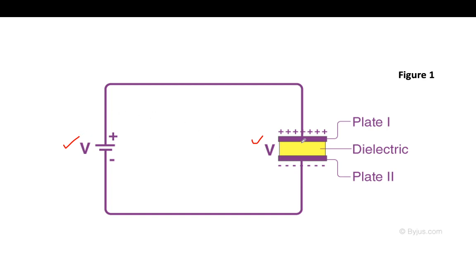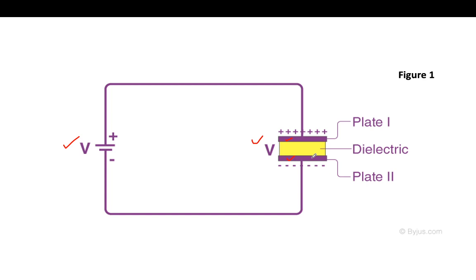This type of capacitor is called a parallel plate capacitor. Why parallel plate capacitor? Because there are two plates, this one and this one. So there are two parallel plates, so it is called a parallel plate capacitor.